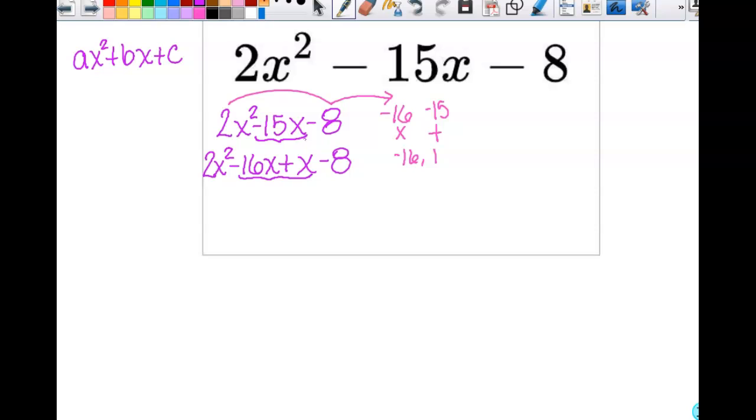Okay, so now we have 4 terms. Now it's grouping just like it was yesterday. I take these first 2 terms and I factor out the GCF. What's the GCF of that? 2x. Very good. And then that leaves me with x minus 8. Then I have to look at these 2 terms.